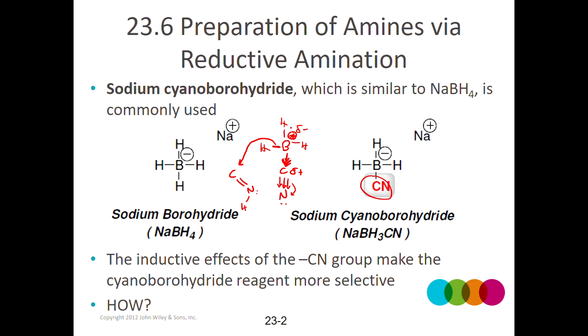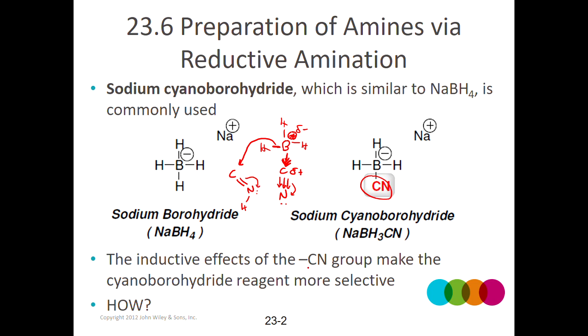And so it's not nearly as unstable, and it won't have the energy to react with a more stable carbonyl, but it will be high enough energy to typically react with an imine and push electrons up there.